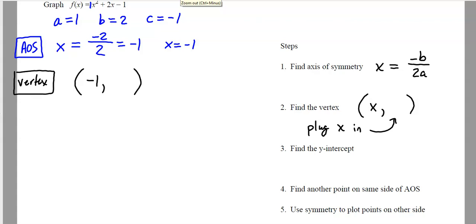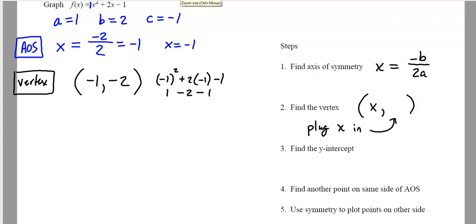So I'm going to go up to my original equation and do -1 squared plus 2 times -1, subtract 1. -1 times itself is 1, that'd be a -2, -1. 1 minus 2 minus 1 is -2. So now we have a vertex at -1, -2.